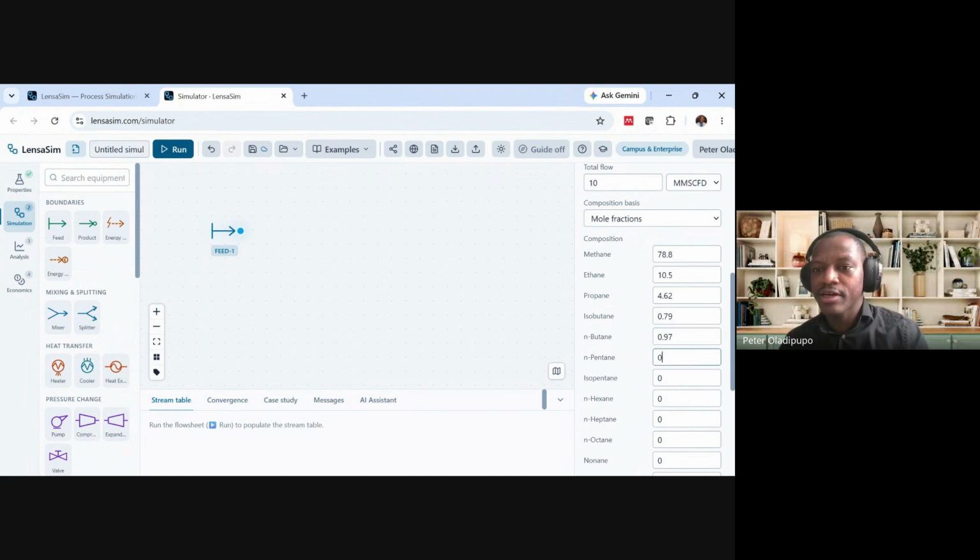Then n-pentane of 0.27, and i-pentane of 0.31.